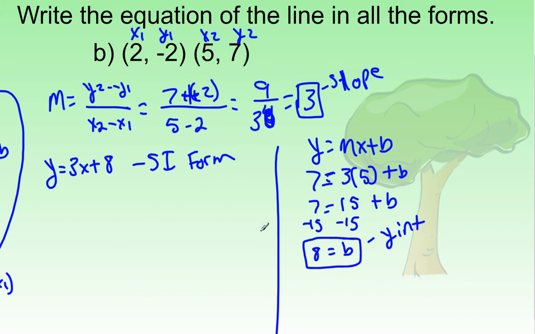And our, let's see, standard form. The same thing. We're going to subtract 3x on both sides. We're going to get the x's and the y's together. So if I subtract 3x on both sides, we get negative 3x plus y equals 8.